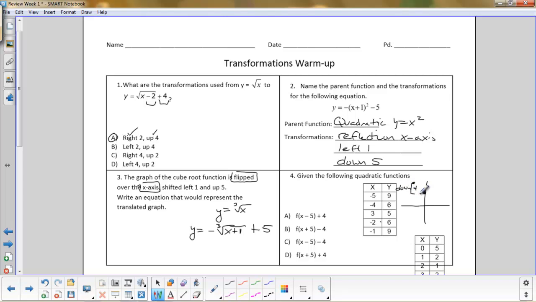Moving from this point horizontally to that point is right 5 units. Now I'm looking to match down 4, right 5. That's not down 4, but these two are. So now I've got to decide which one it is. Well, the rightward movement is always opposite of what I think, therefore the answer is C.